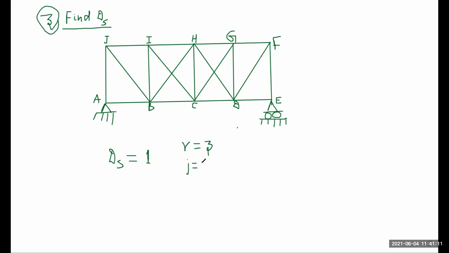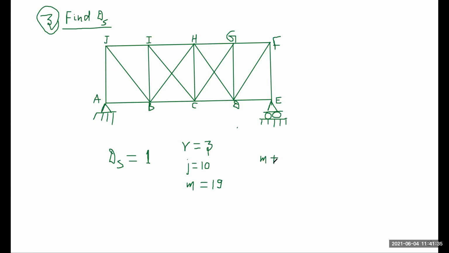Members are 19. Okay, then what do you do? By using the DS formula, R plus M minus 2J, that is, M plus R minus 2J.